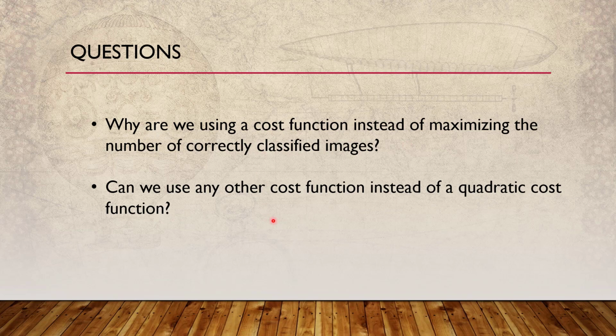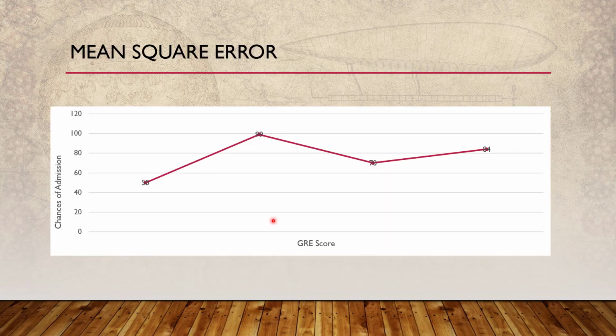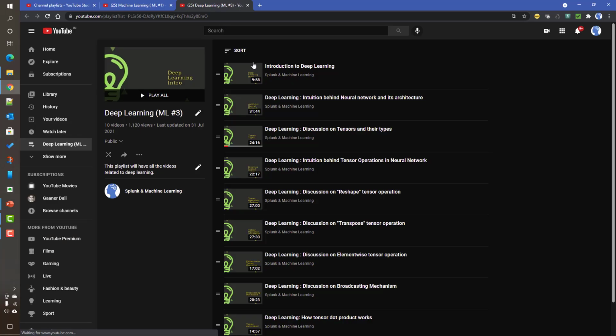Maybe it will make sense when we end that one regarding these two questions. Okay, so to understand why we have defined that particular cost function, the idea lies in the concept of mean square error. This video will be part of the deep learning ML3 playlist.